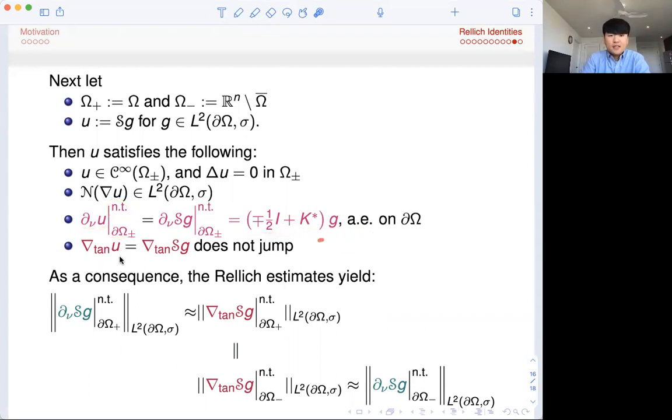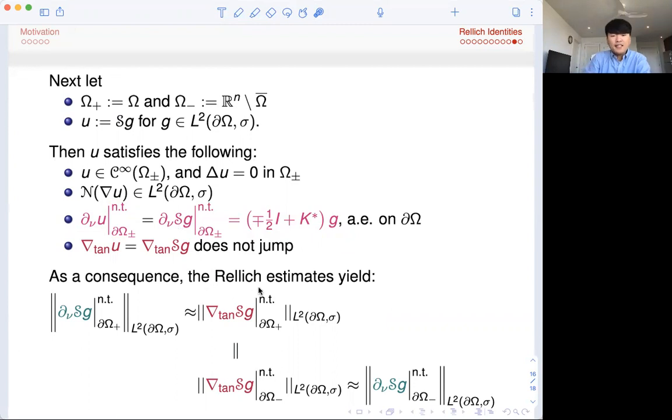And the important thing is that the tangential gradient of the single layer of g does not jump, which means the tangential gradient of the single layer of g on the boundary of omega plus is equal to the tangential gradient of the single layer of g on the boundary of omega minus.